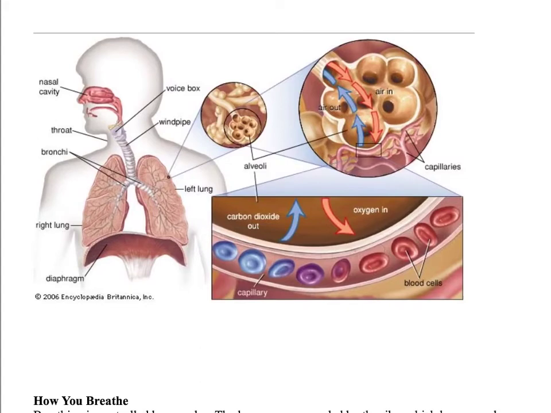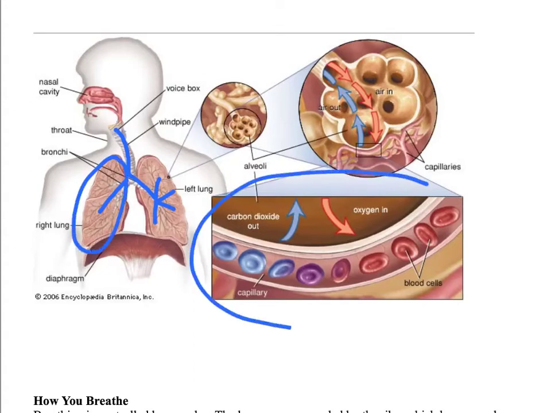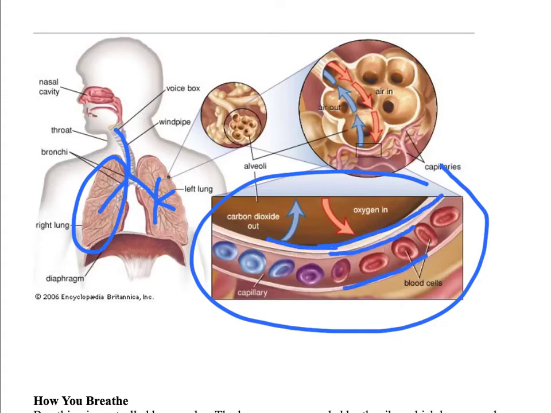So again, you can see here your trachea divides into the bronchi, which divide into different branches, and you can see it in the diagram here. And these are the alveoli, and this is where the exchange of oxygen and carbon dioxide takes place. So the capillary wall is really thin, and the wall of the alveoli, or alveolus, is also very thin.